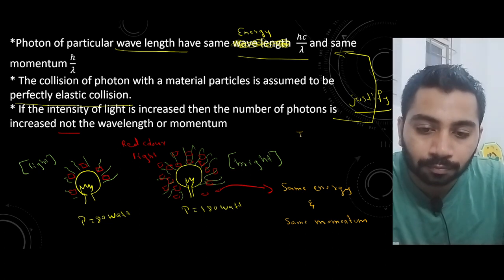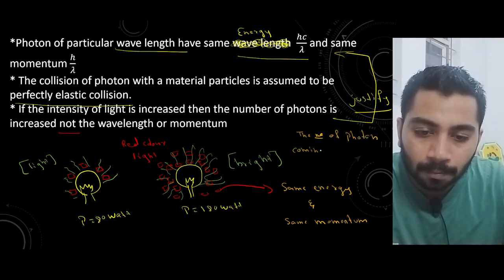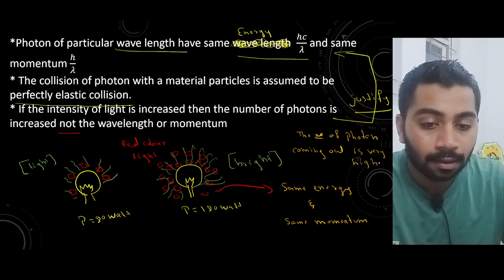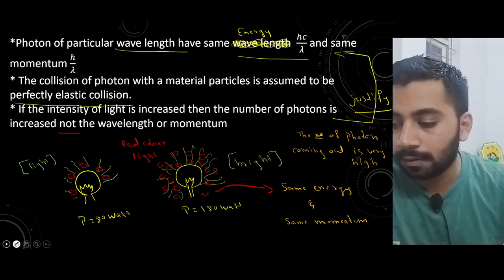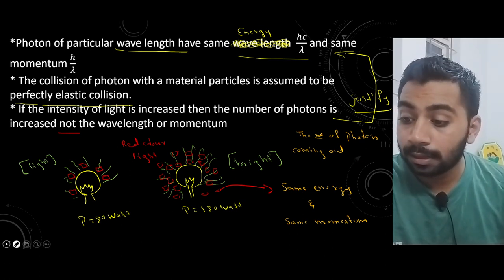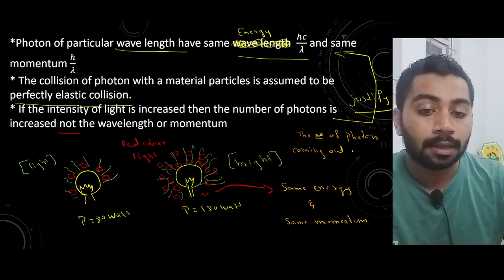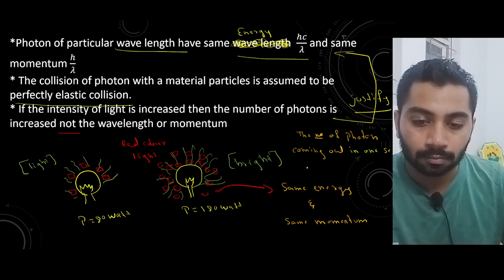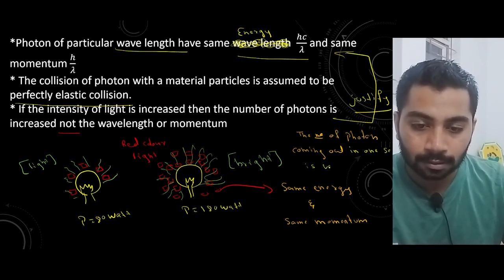Let us write here: the number of photons coming out in 1 second is very high.